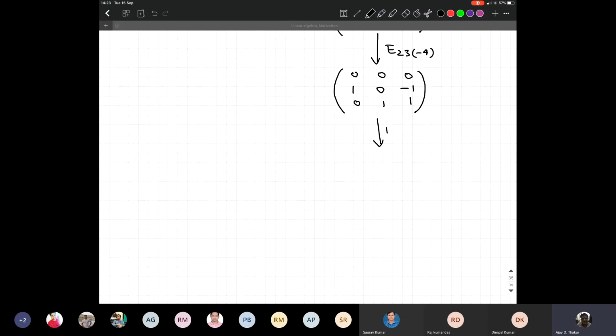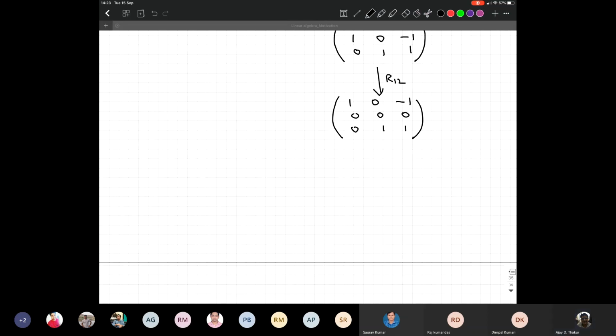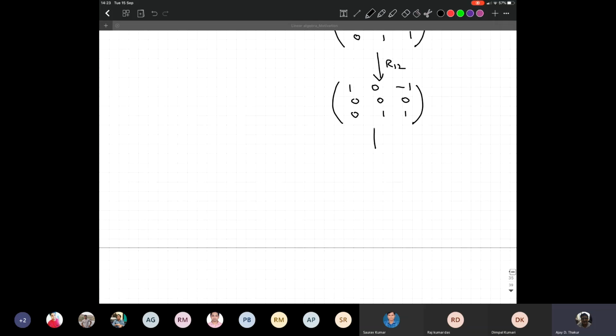So let me just exchange row 1 and 2. So that will lead to 1, 0, minus 1, 0, 0, 0, and 0, 1, 1. And then I do another row exchange, which is R2,3. And that would lead us to 1, 0, minus 1, 0, 1, 1, and 0, 0, 0.